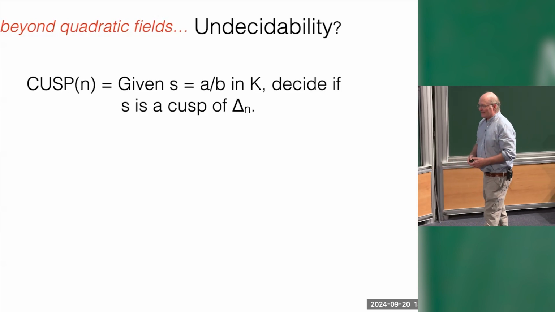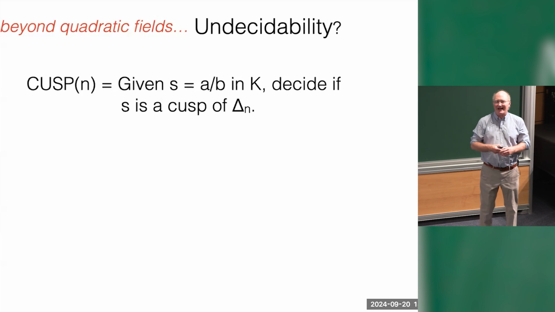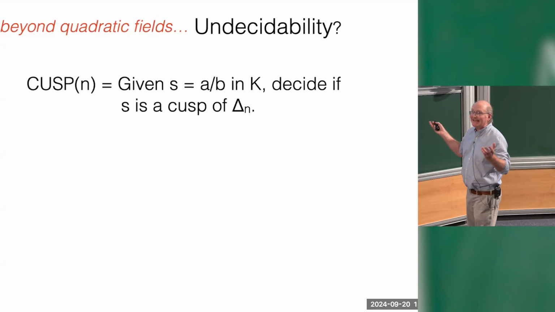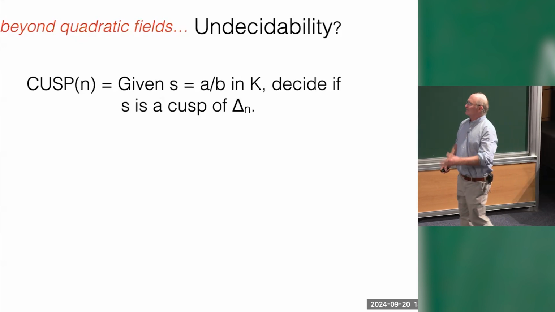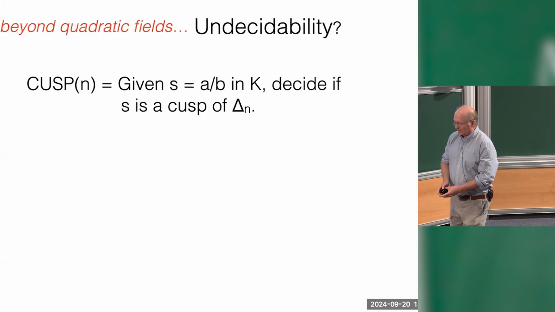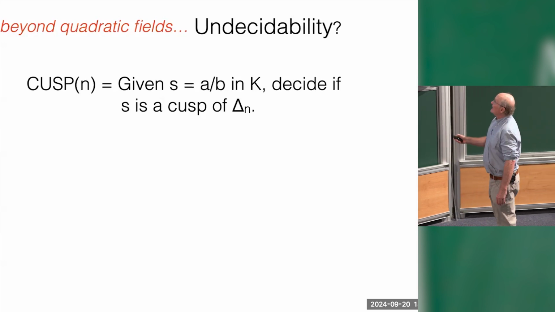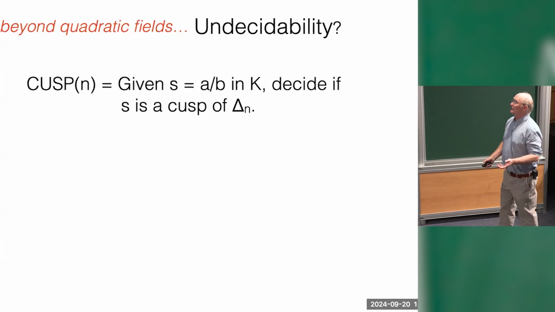So let me do this the way they do in computer science. In computer science, problems are always described in capital letters, like CLIQUE. This one I'm going to call CUSP. And each instance of this problem depends on an integer n. So CUSP of n is the following. You're given a slope in the field K, and you have to decide if it's a cusp of the n triangle group.